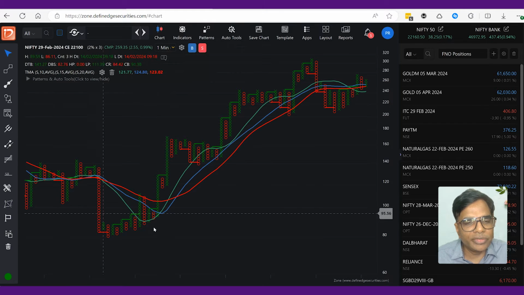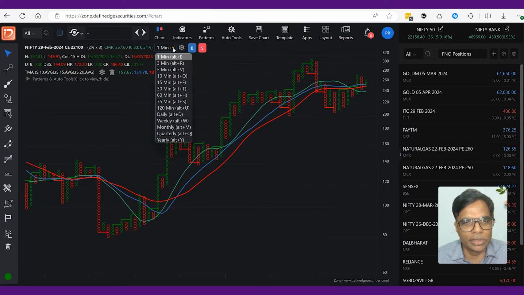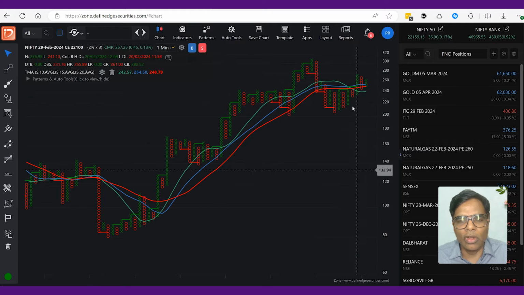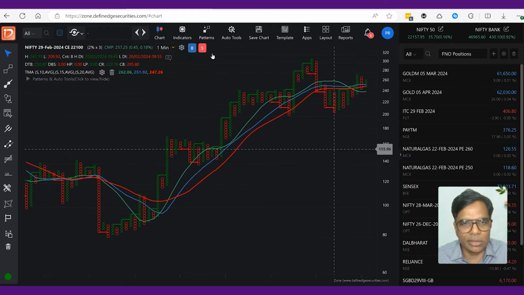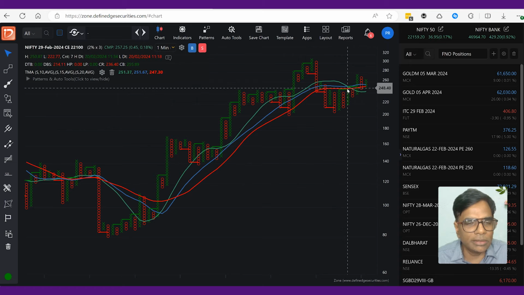This PNF chart has different parameters when we plot it. We can plot it on 1 minute data, or on tick data, or on daily as well as many other time frames, which we can check here. For the purpose of this backtesting system, we are using 1 minute for constructing this PNF chart, and we are using 2% into 3.